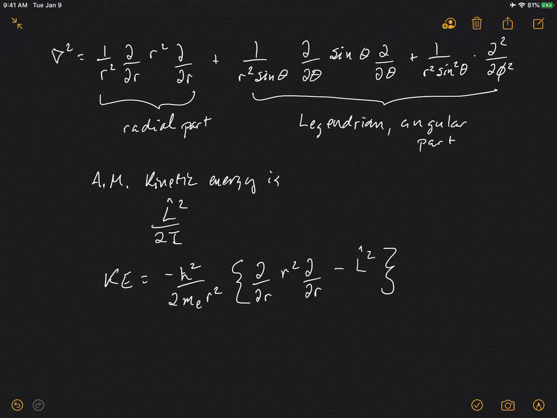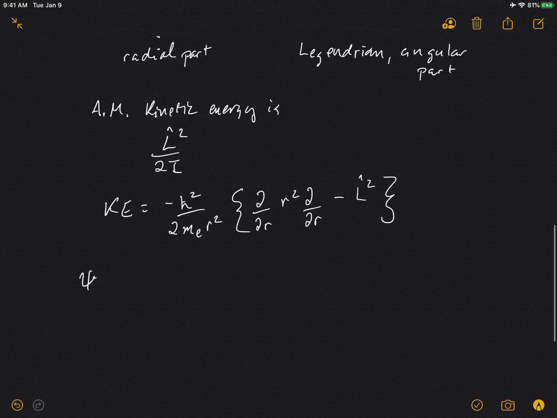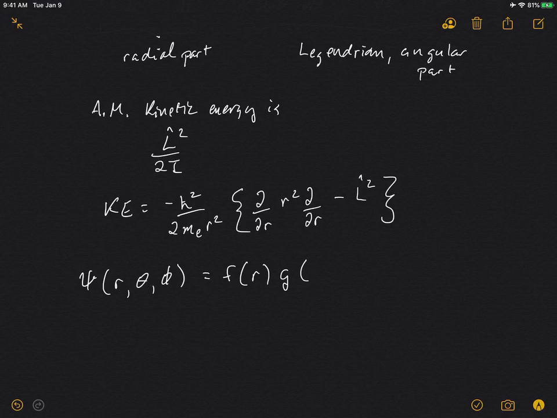Therefore it makes sense that our wave function, of course a function of r, theta, and phi, is going to be some function of r and some other function, we'll call it g of theta and phi, for the moment. So it's going to be a product of two functions.